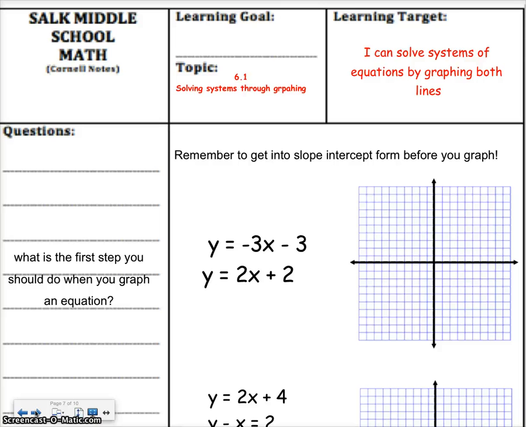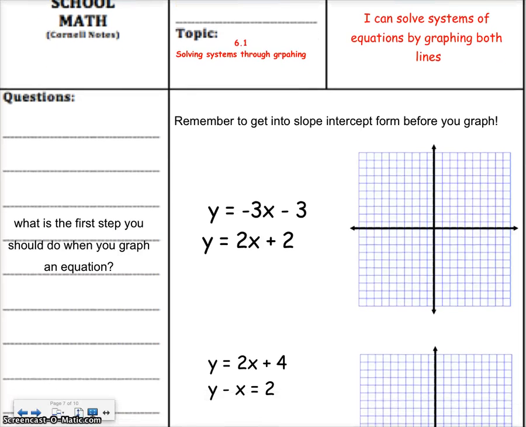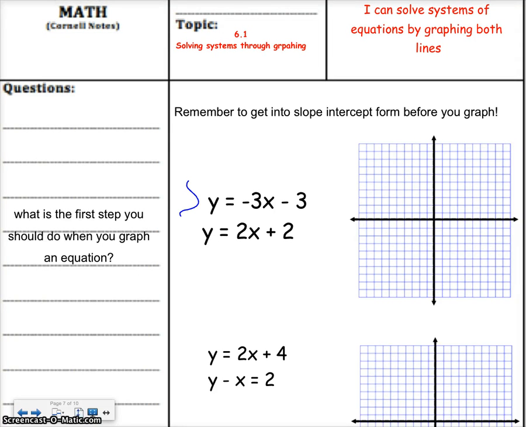So flip that page over. I am going to be given a system, more than one line. I am going to be given a system and I want to identify the solution, where they intersect. So here's my system. This is considered a system.